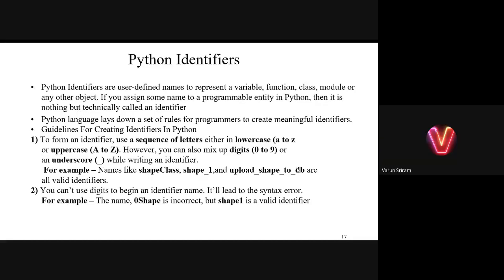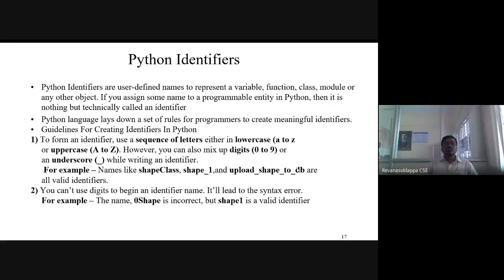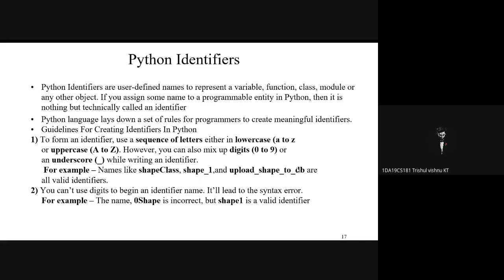Yes. The first letter of an identifier should be either a letter or an underscore. Then you cannot use keywords as identifiers. Also, we cannot use numbers in the beginning.